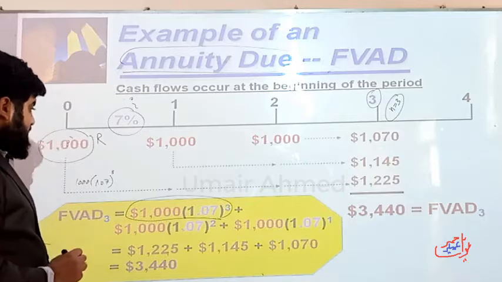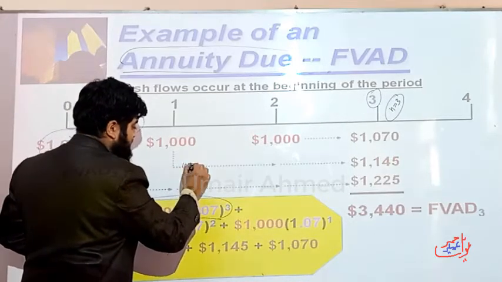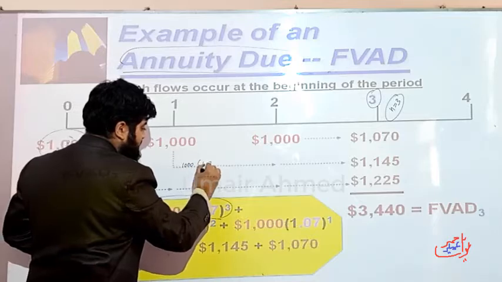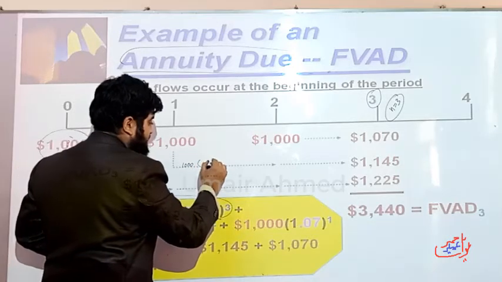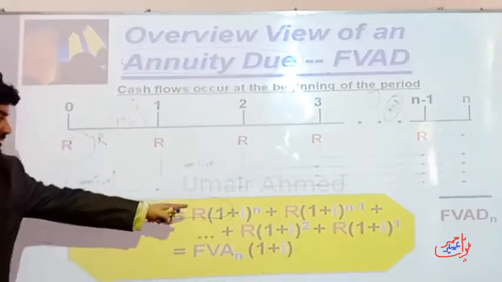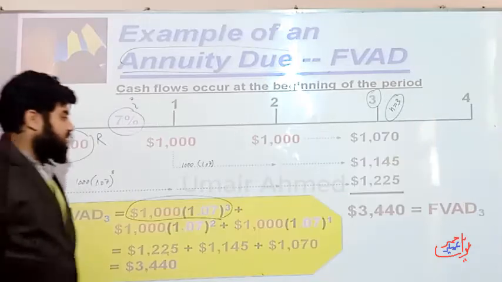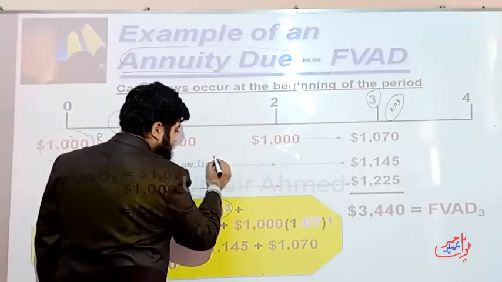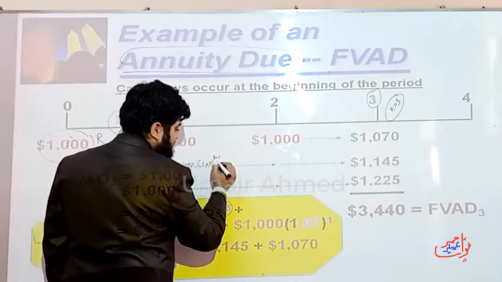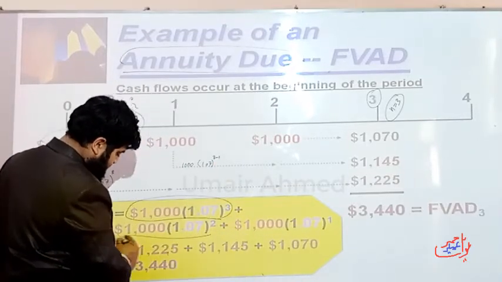Okay, next, 1000 multiplied by 1.07, and the number of years will be, by using this formula, look at that, n minus 1. So how many n's do we have? We have 3, n minus 1, so it will become 2 like this.